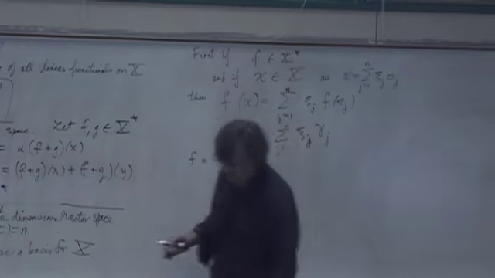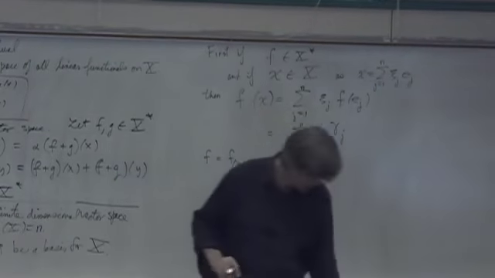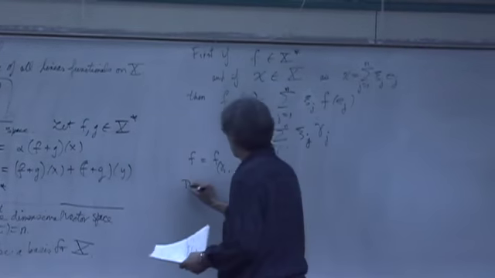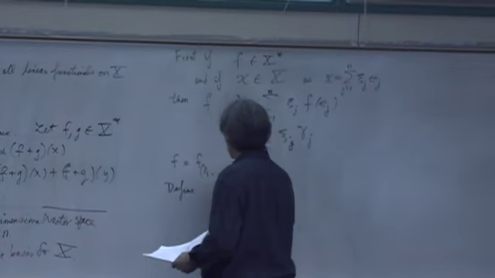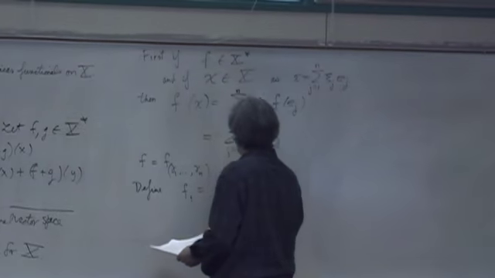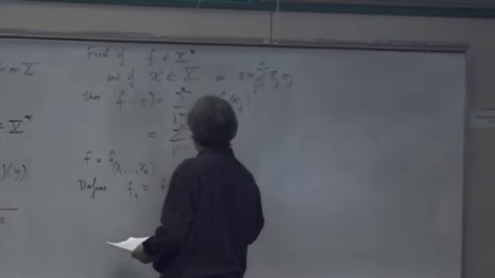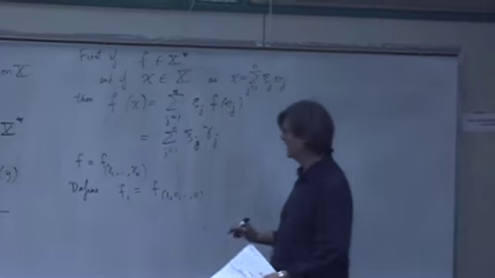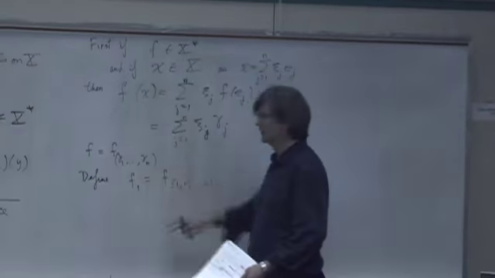All right. So now I'm going to specify certain linear functionals, special ones. Define f1 equals f sub 1, 0, 0. So take the standard basis vectors in Rn and use them as the gammas.